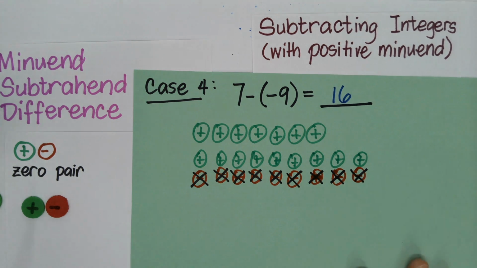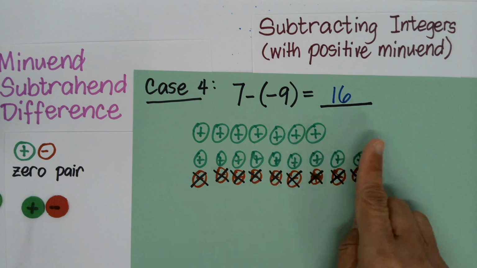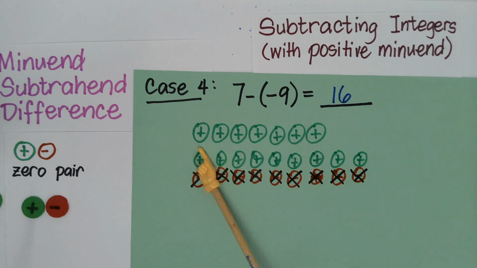So to summarize, to do the concrete way of subtracting integers, we will first have to represent our minuend. If it is a positive minuend, then you will have to use the positive discs, the number of which of course depends on the number in the sentence.